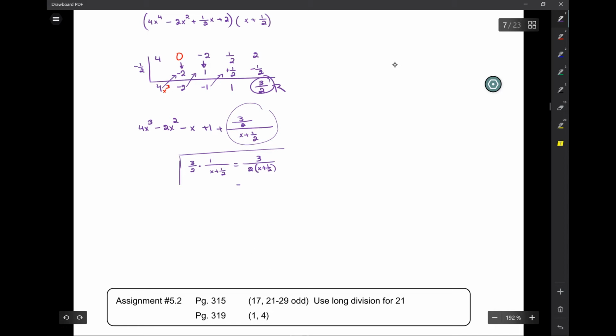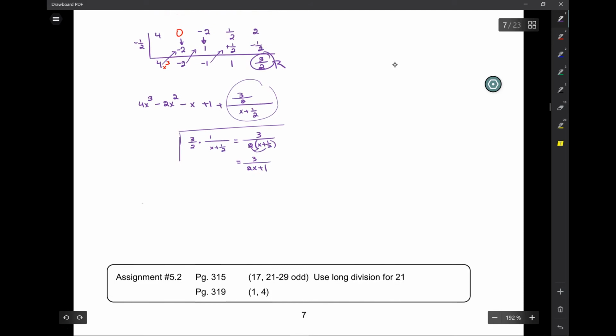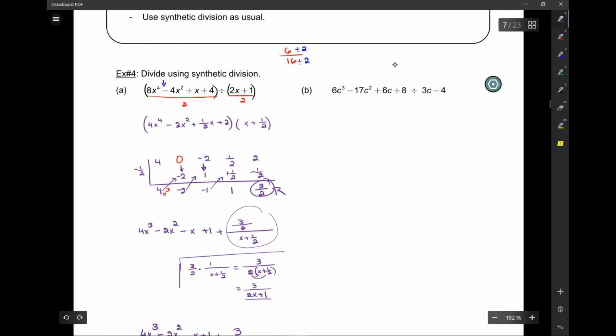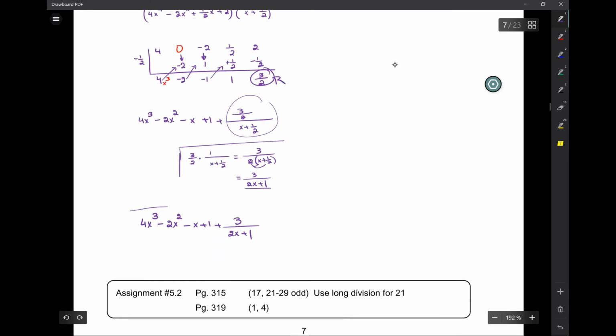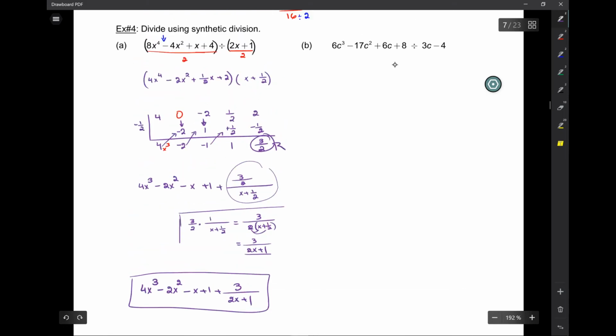And then that's equal to, when you distribute, 3 over 2x plus 1. So that's the remainder, and you see we can now substitute it here. So we get 4x cubed minus 2x squared minus x plus 1 plus 3 over 2x plus 1. And you can see that we got the same divisor as what we started with here. All right, so always in this form, not in this form. This will not be full credit.